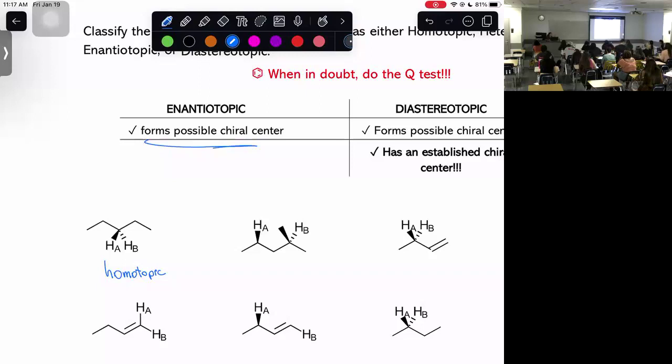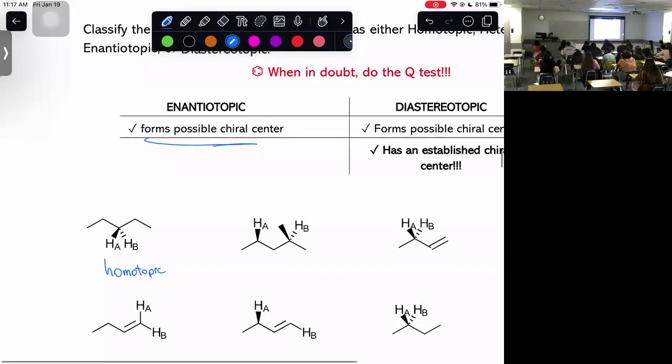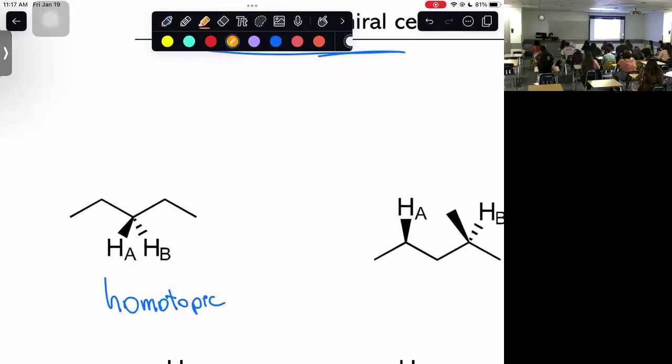Mirror images, because we need to create enantiomers. Now, in this case, when we do the Q test, let's say I'm replacing HB with a chlorine. Do I create a chiral center? Why not? What do I need to create a chiral center? 4 different groups, exactly. So in this case, because there's symmetry in the molecule right here, it's not possible at all.